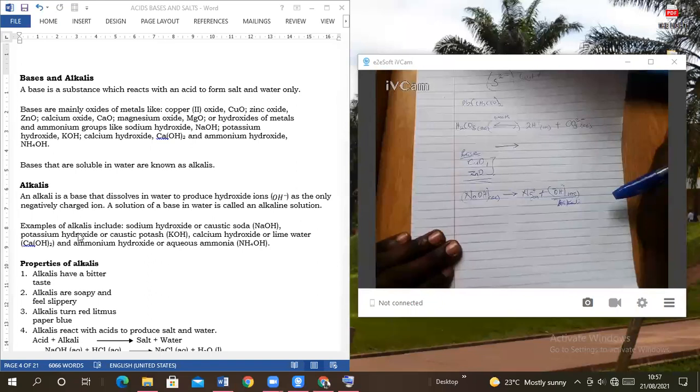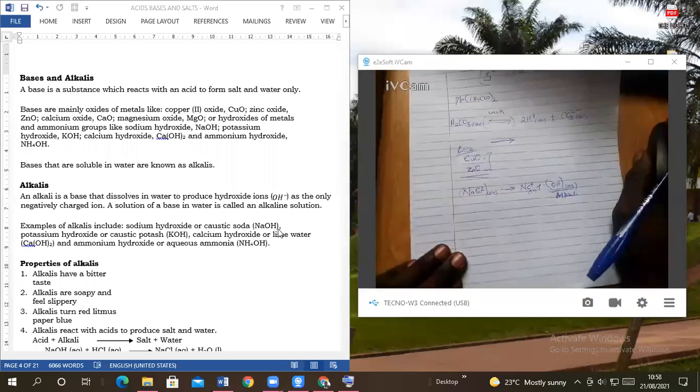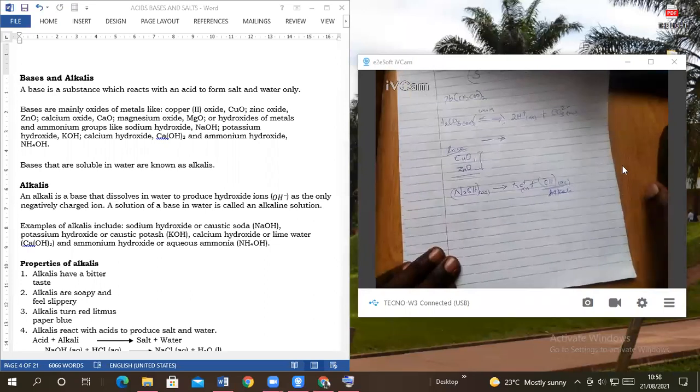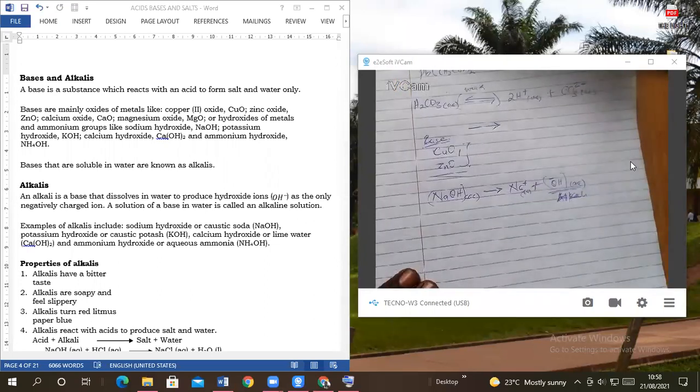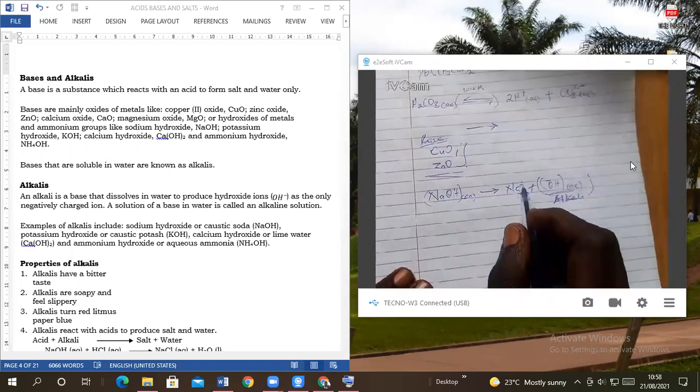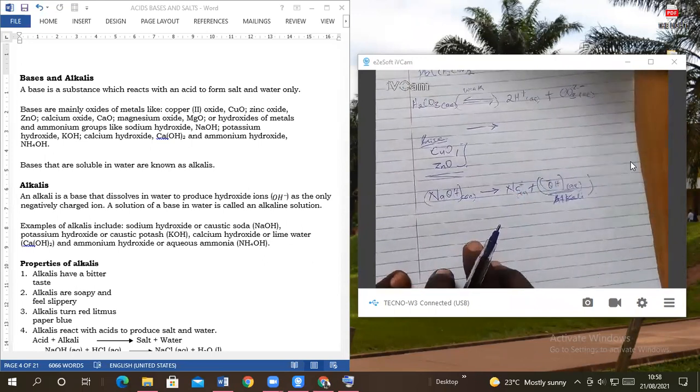So you find most of these reagents being used in quantitative analysis. They use alkalis mostly. They use sodium hydroxide, they use ammonium hydroxide, and those are the two that help us detect the metals present in an ion. So these two here dissolve in water to give us hydroxide as the only negatively charged ion. That is our alkali.